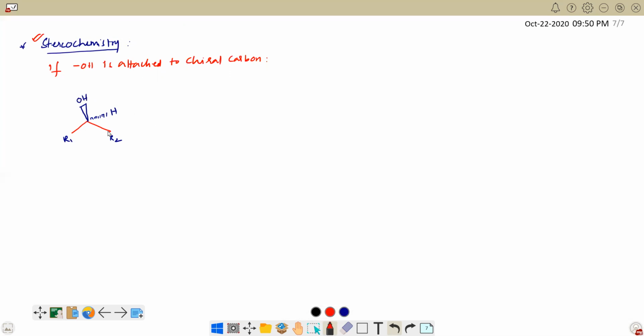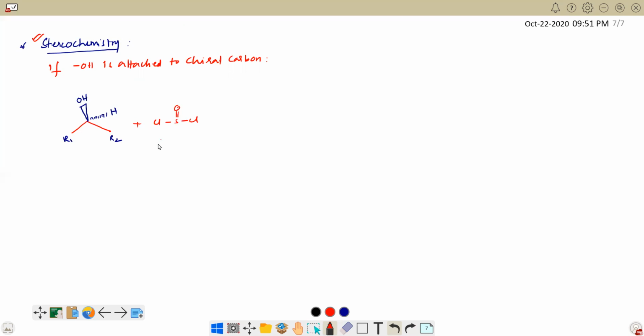Is it a chiral carbon or not? Yes. See carefully. In this case, first of all, the mechanism I tell you like this. Presence of SOCl2, S double bond O, that means I can write Cl, S double bond O, Cl, thionyl chloride.